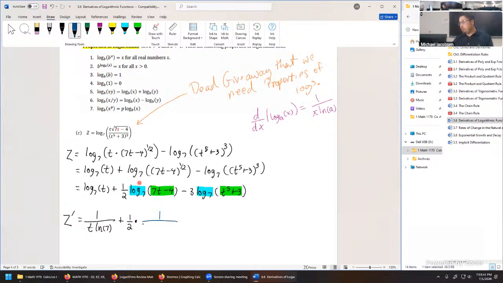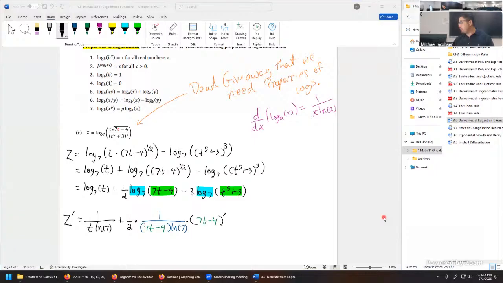The format is to go 1 over something times the natural log of 7, and then chain on a derivative. So that's the format for the first one. I've differentiated the outer function log base 7. Then we take 7t minus 4 and plug it in, both here and here. So that's how the middle term goes. The last term is really just rinse and repeat with slightly different numbers.